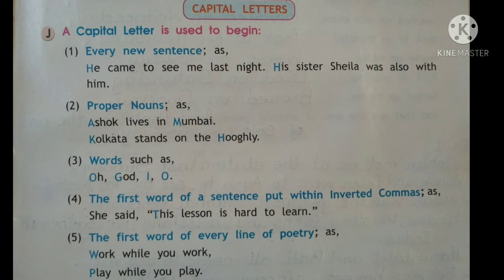Then the first word of a sentence put within inverted commas. If we put any dialogue in inverted commas, then the first word is always written with a capital letter. For example, she said, and then we open the inverted commas. So this will come in capital letter. "This lesson is hard to learn."